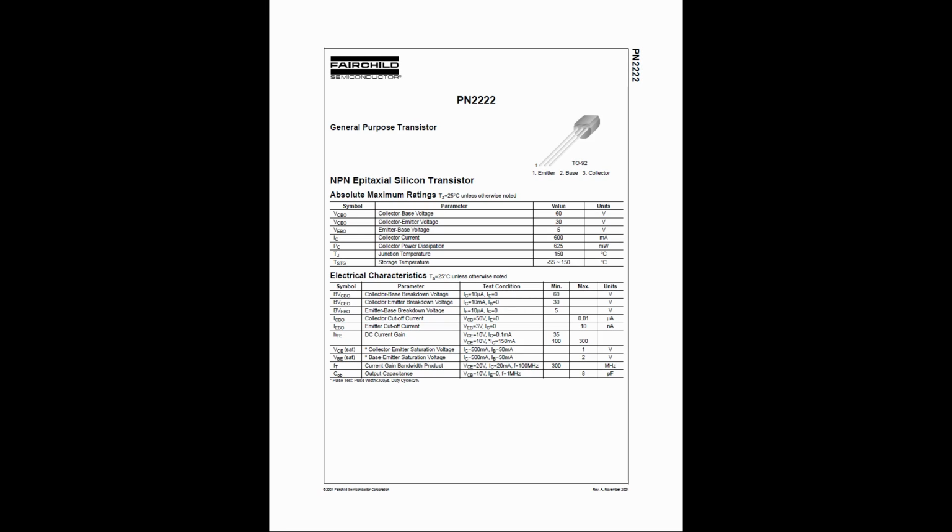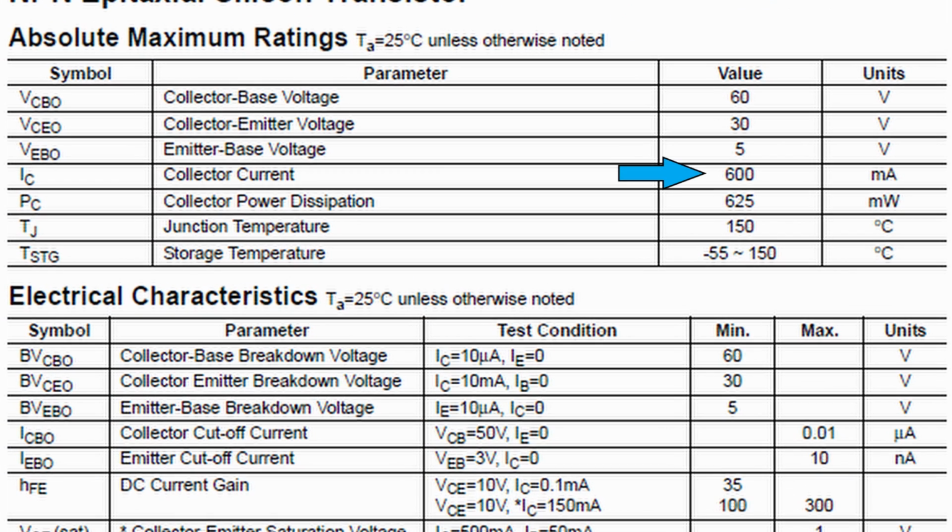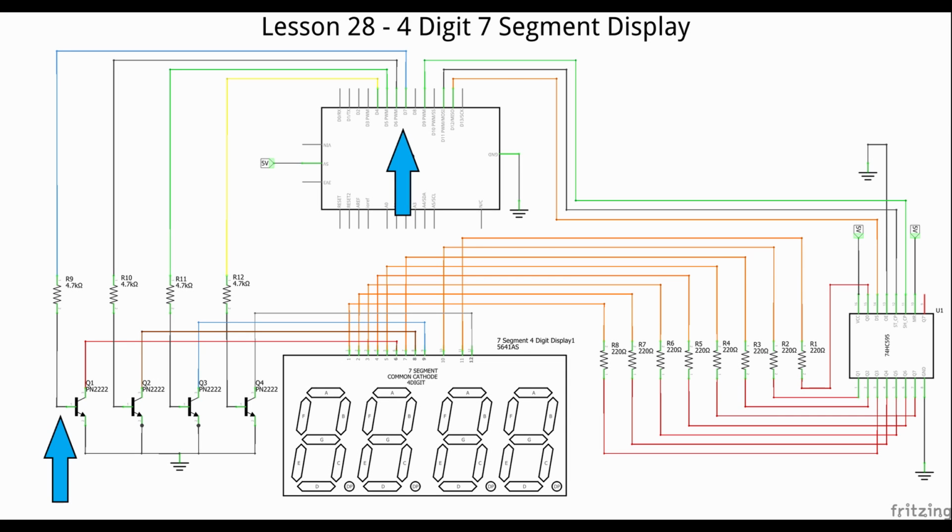The datasheet lists the PN2222 maximum current rating as 600 milliamps, I'd bet using a heatsink, so we'll be well under that amount. We'll use an output from the Arduino to turn on or off the transistor, thus using the transistor to connect a single digit's common cathode to ground.